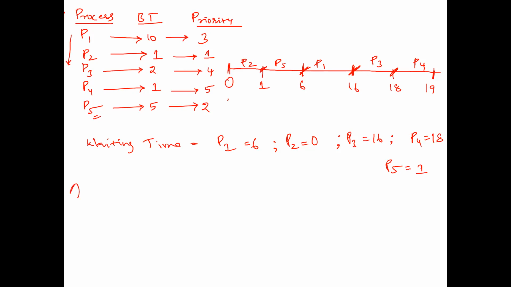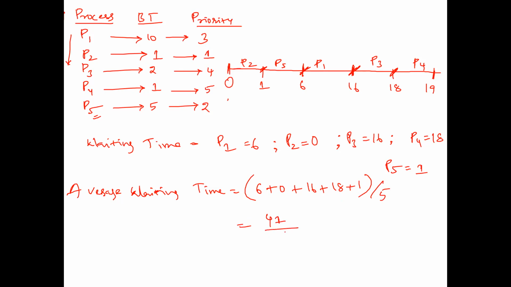So now the average waiting time is P1 plus P2 plus P3 plus P4 plus P5 divided by 5, that is 6 plus 0 plus 16 plus 18 plus 1 divided by 5, which equals 41 by 5.